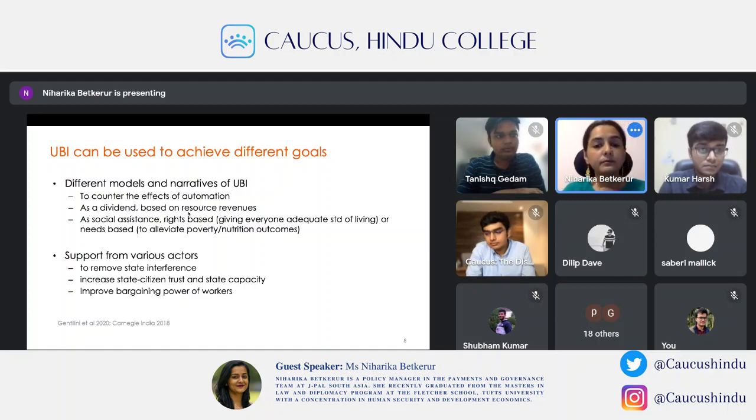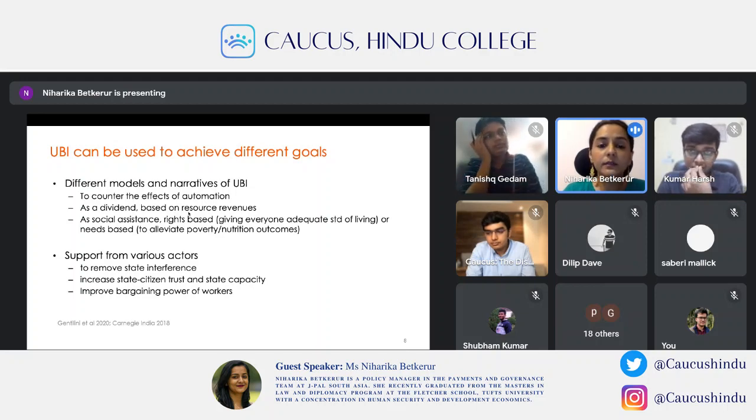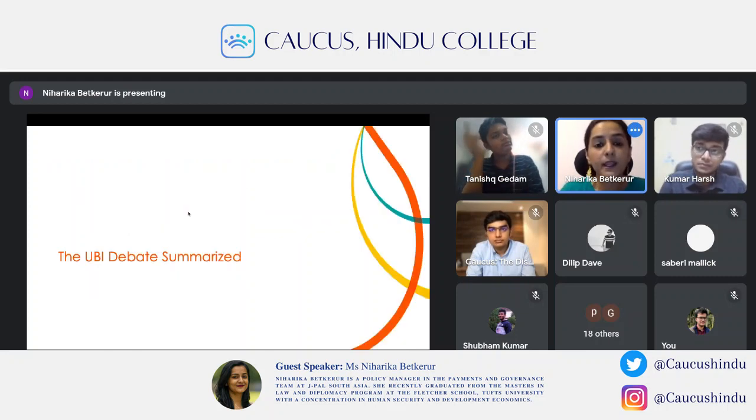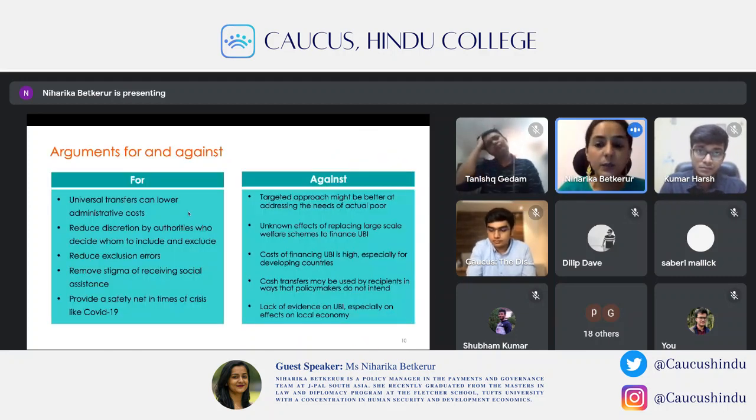So as I said, the key point here is that it receives support from a wide variety of political actors across the spectrum. And it's very important to keep in mind that a UBI can achieve different goals in different contexts. So let me just summarize the debate, and we can also go into more detail in the discussion.